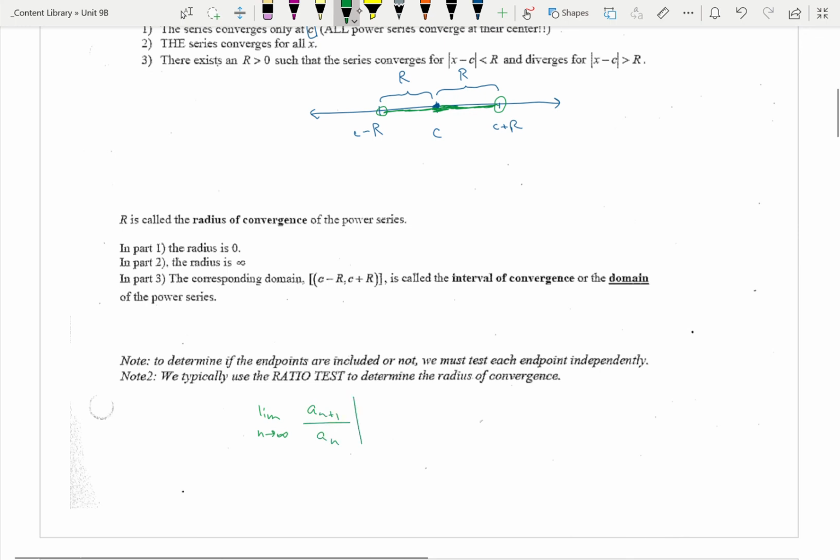If we take the limit of the absolute value of that ratio, if this is less than 1, then the infinite series converges. If it's greater than 1, then the series diverges, but if it's equal to 1, then it's inconclusive. So we're going to see all three of those scenarios popping up in the coming examples.